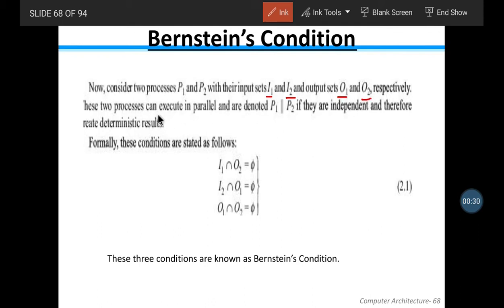These two processes can execute in parallel if they are independent, and these conditions have to be followed: I1 intersection O2 is equal to the null set, I2 intersection O1 is equal to the null set, and O1 intersection O2 should be the null set. These three conditions are known as Bernstein's conditions.